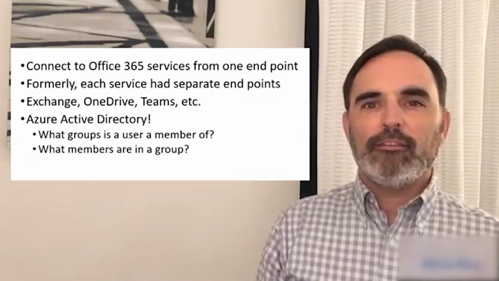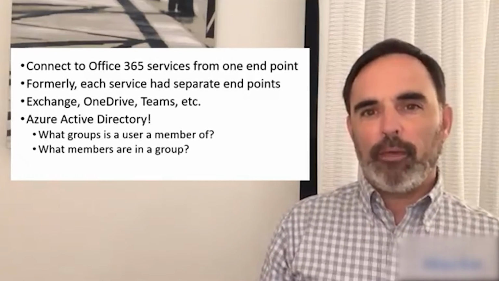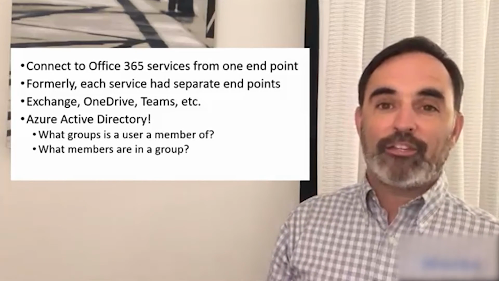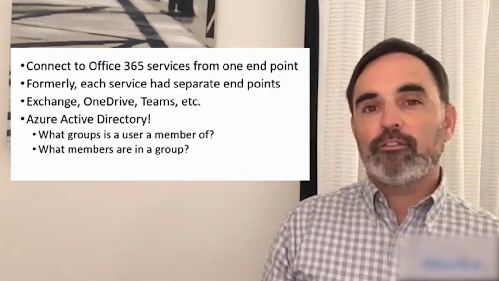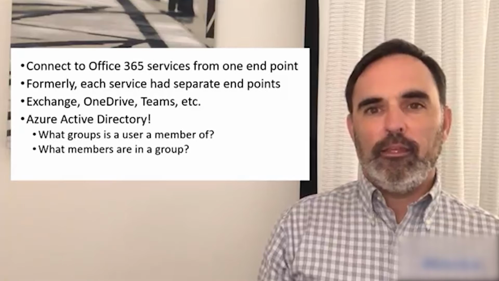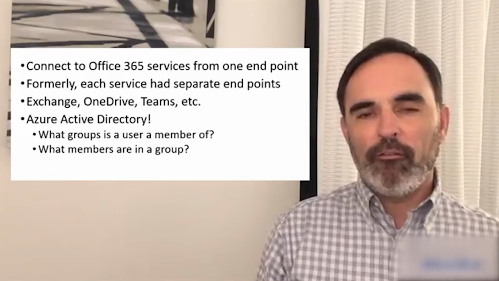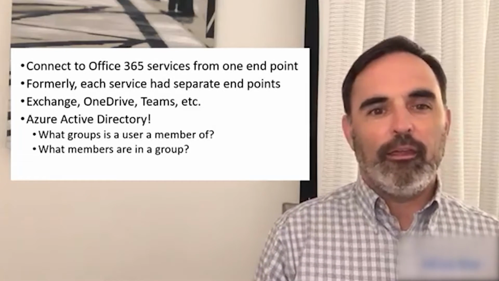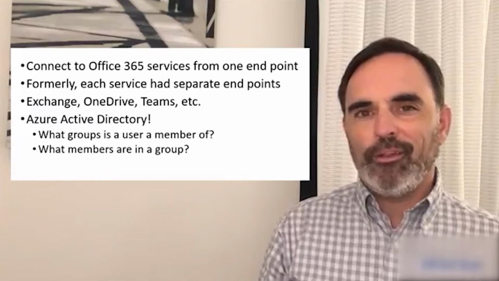Now, one particular case that we've found useful at Pragmatic Works is using Graph to connect to Azure Active Directory. And so this is handy if I want to do things like find for a person the groups that a person is a member of, or if I have the name of a group, who are the members in that group.